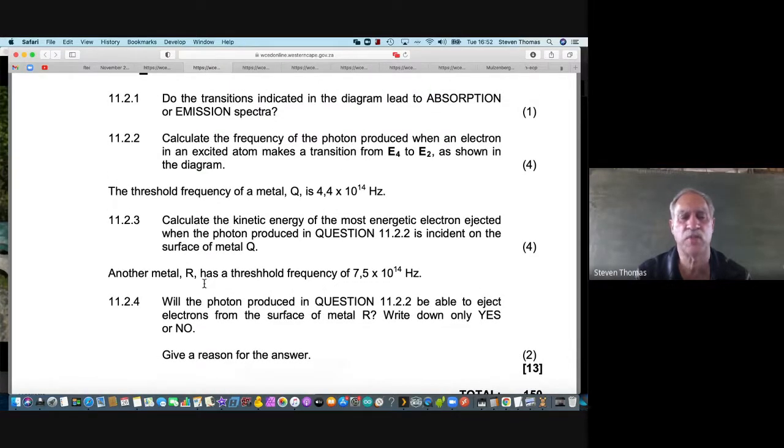So it says another metal with a higher threshold frequency. Will the photon produced in question, this photon here, be able to eject electrons from the surface of the metal R?